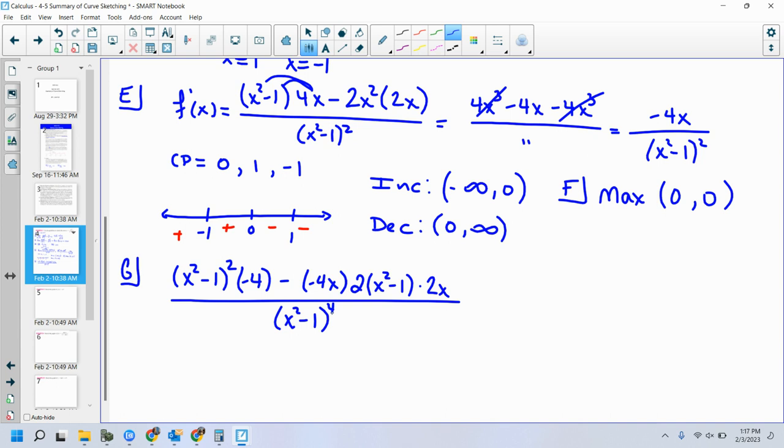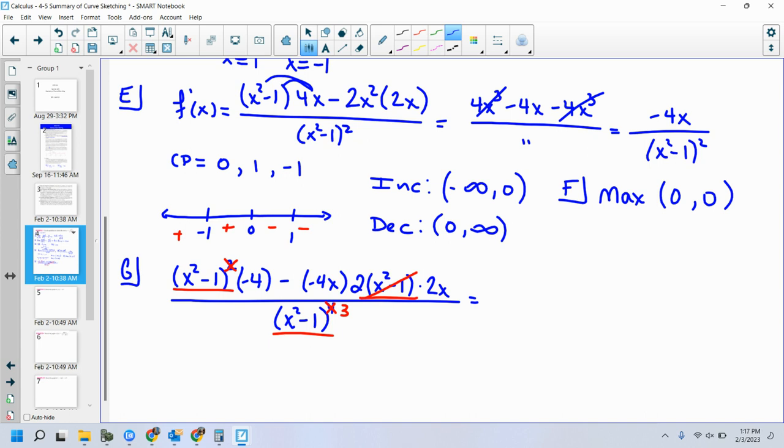Now, take a look here. Let's simplify things real quick. What do you notice in each term here? So this can go away, this can go away, and that power can go down to 3. To reduce it like that, you need to make sure that that is in each term.